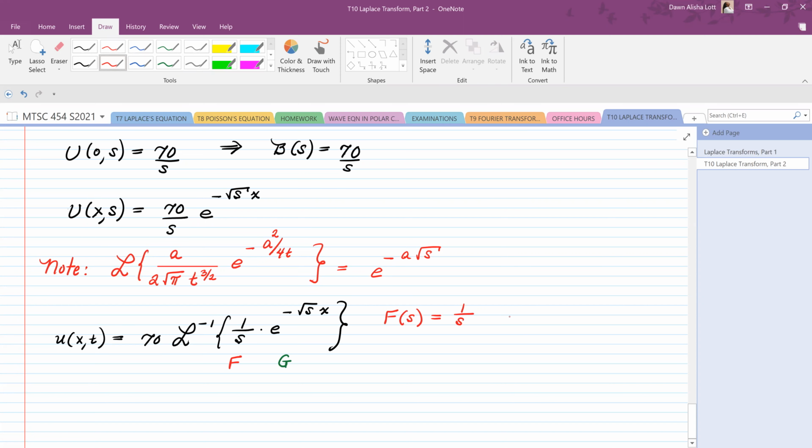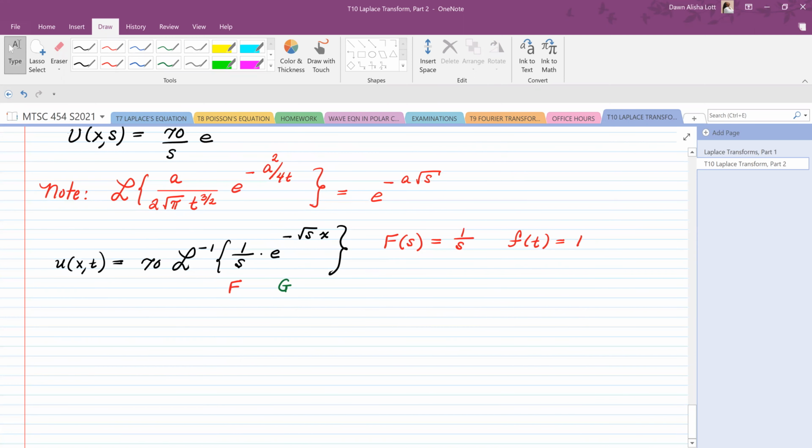So that means f of t is 1. G of s is e to the minus square root of s times x, which means little g of t. So here, a is x.